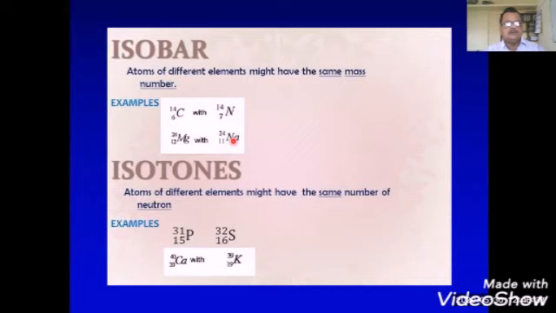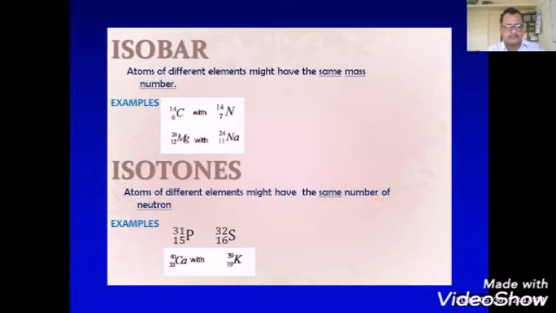So I think it is clear to you what is isotope and what is isobar. Isotopes are atoms of the same element. That means they have the same atomic number but different mass numbers. Isobars are atoms of different elements, so they have different atomic numbers but they have got the same mass number. Then what are isotones?